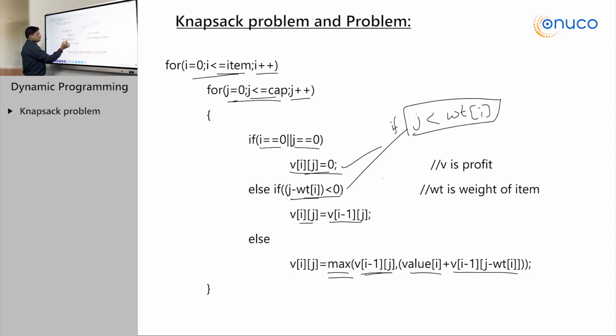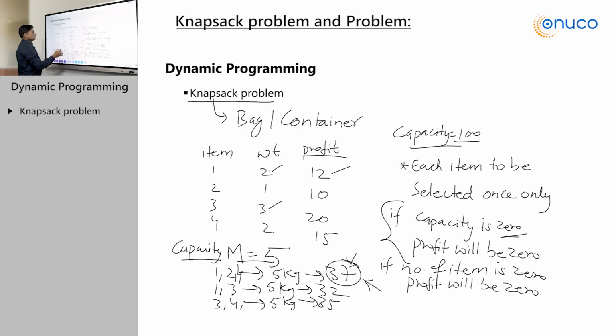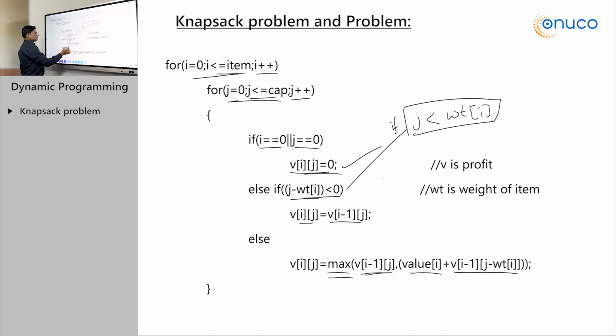We have I=0 and J=0 here, else if you check J is less than W of I. The value of J is 1 and the weight is 2. Is 1 less than 2? Look here, this is 1; the weight of the first element is 2. 1 minus 2 is minus 1. Is it less than 0? Yes, it is. In that case, V of I,J is equal to V of I minus 1, J. The previous row, same column, will be the profit.